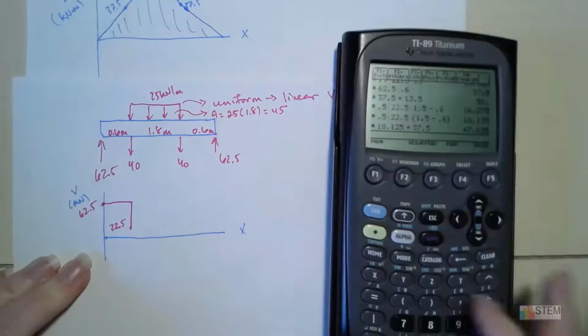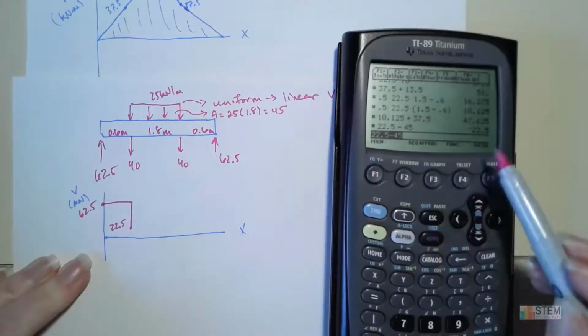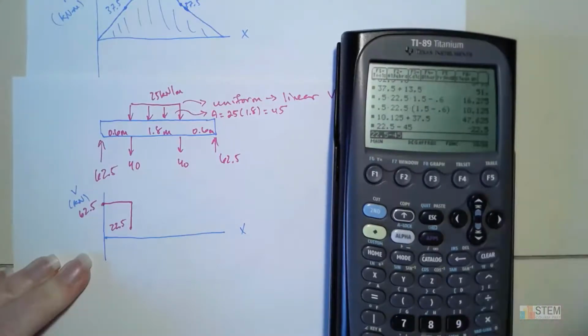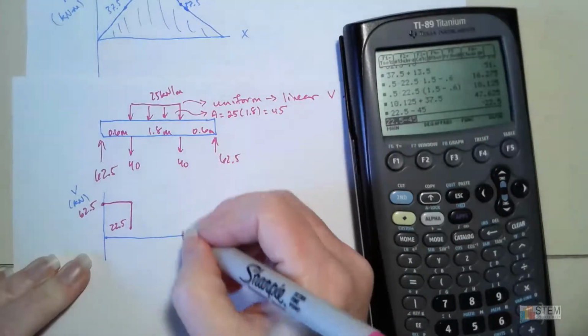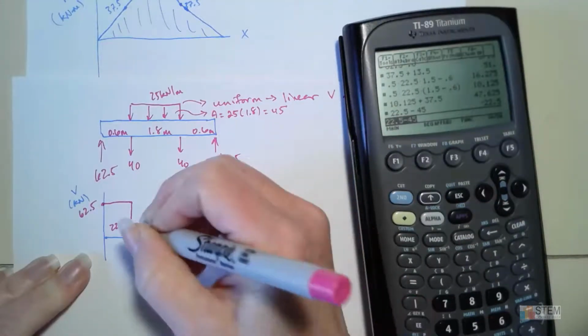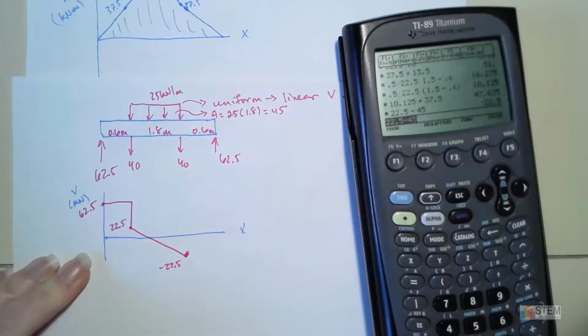So if we do 22.5 minus 45, we get negative 22.5. That will be our V value when we get to the end of this section, so we're going to go to negative 22.5, and it's going to be a linear function just like that.